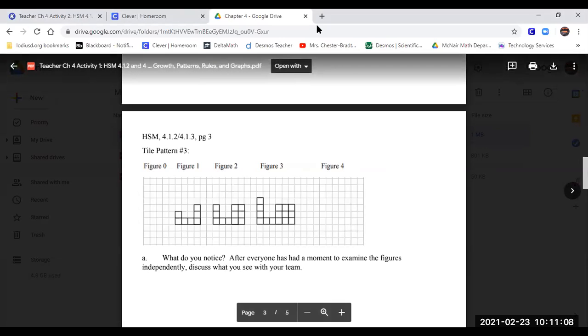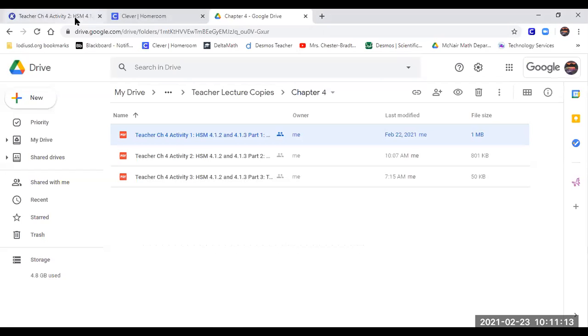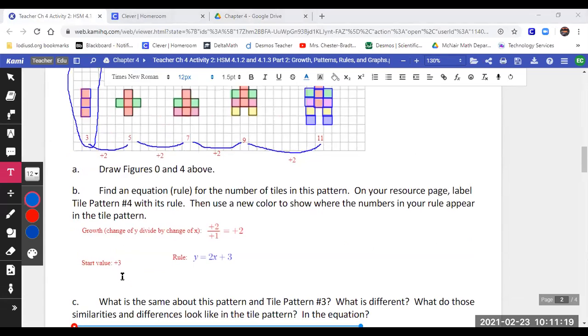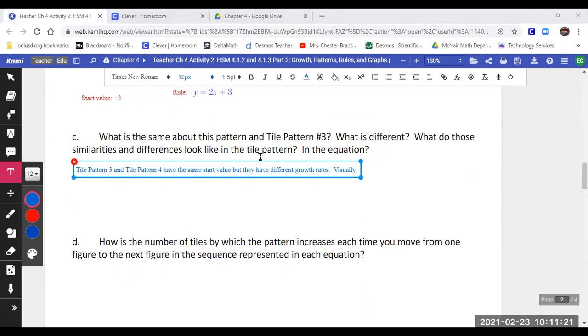So visually, what's the same? Visually, this one had 3 vertically and the other one had 3 horizontally, right? But it was still 3. That's what was the same, right?